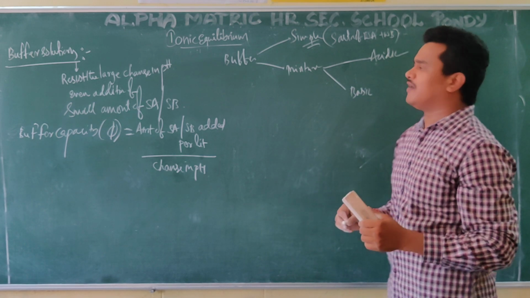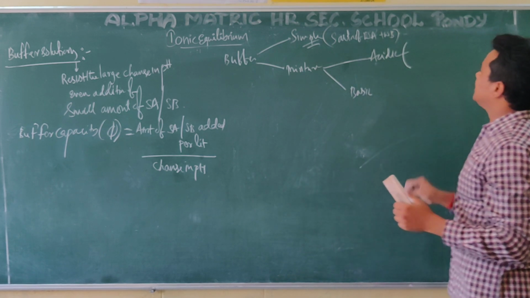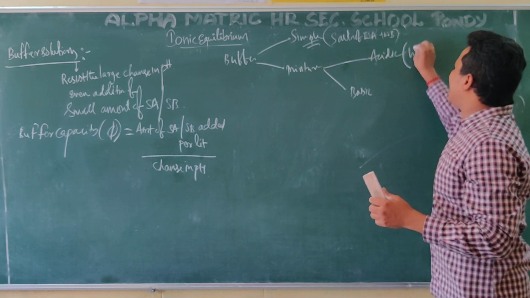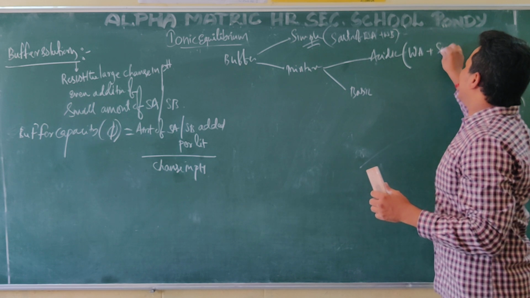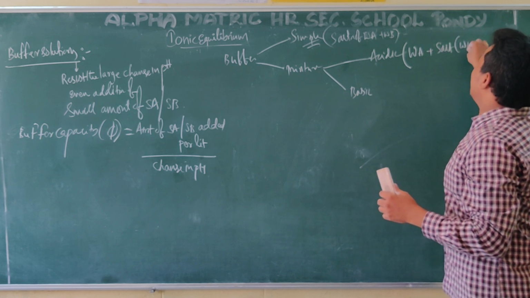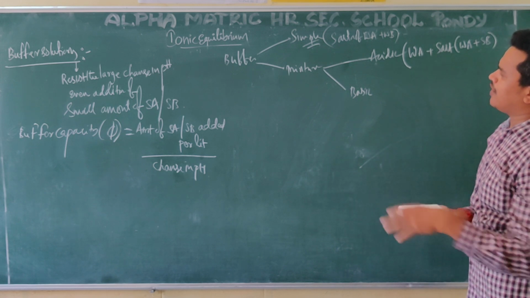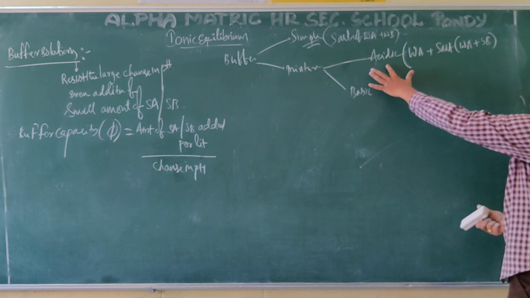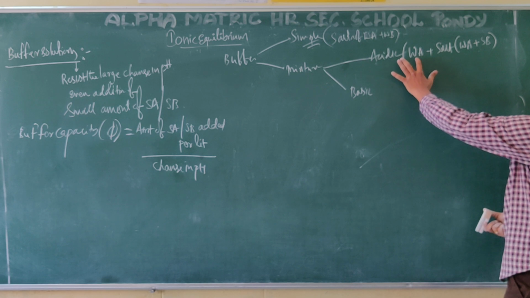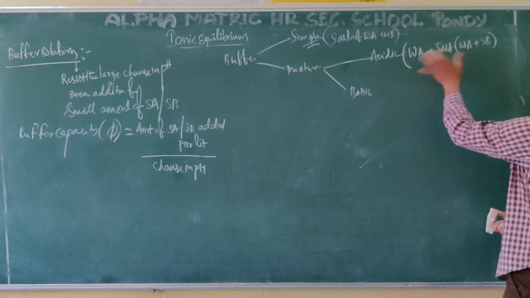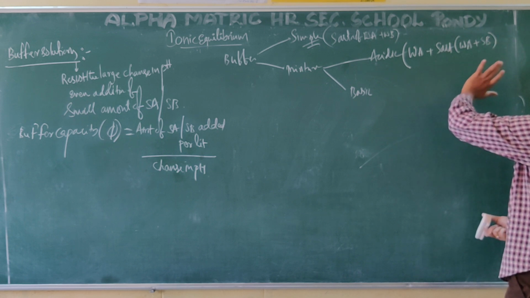What is this acidic buffer? An acidic buffer is always formed by a weak acid and its salt with a strong base. This is the definition. A weak acid must be there, like CH3COOH, plus the salt of this weak acid with a strong base.